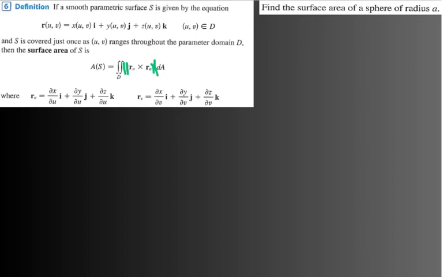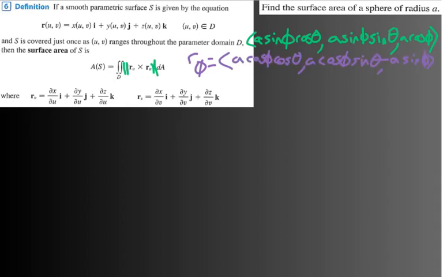So if we wanted to do the surface area of a sphere of radius A, which we should hopefully know the answer to, we would just start with our parametric surface equation, which is this, right? And then we have to have R with respect to phi, and then R with respect to theta. So R with respect to phi would equal that thing.